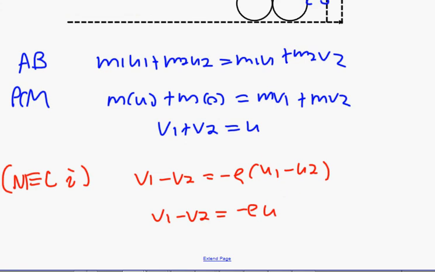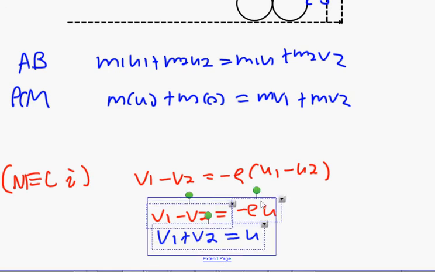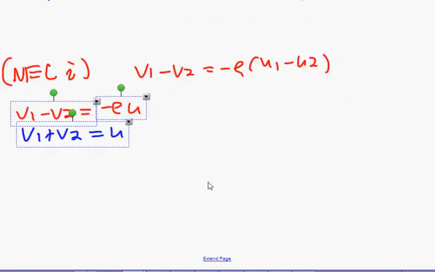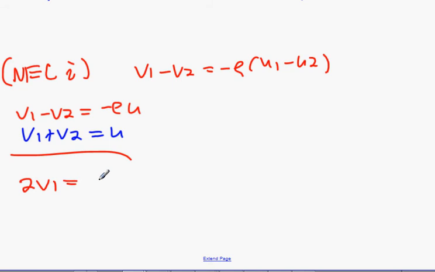Bring them both down together and add them both directly downwards, and we're going to get 2V1 equals U minus EU. V1 is going to be U into 1 minus E all over 2. So that's what V1 is.